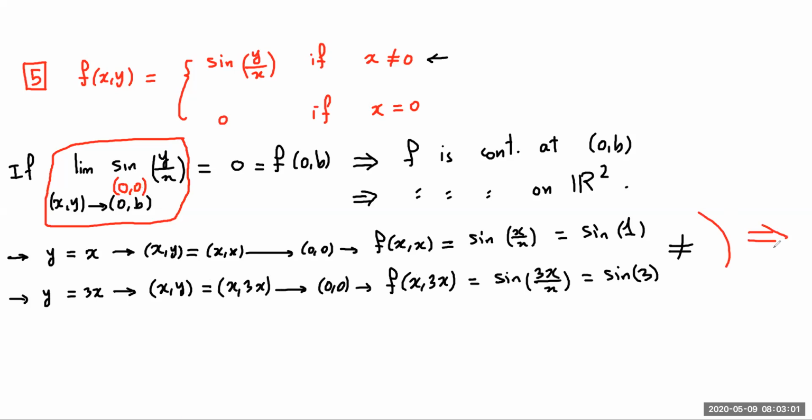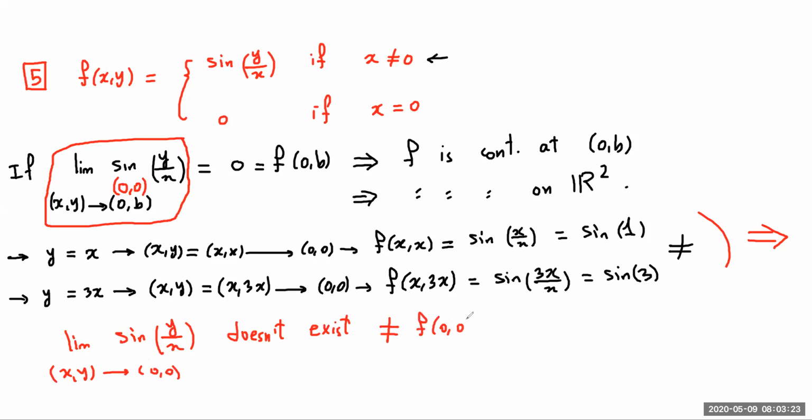So the limit of sine y over x when x, y approaches 0, 0 doesn't exist. Because it doesn't exist, it's not equal to f(0, 0), which is 0 from here. So f is not continuous at 0, 0, and so it's not continuous on its domain R squared.